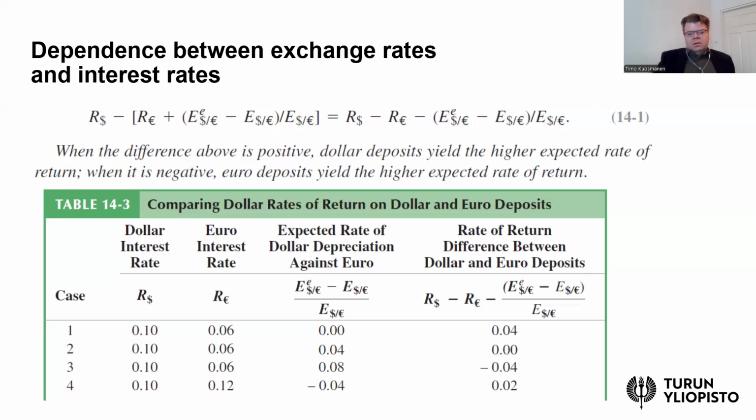In the third case, suppose that the expected depreciation of the dollar against the euro is even higher, 8%. This example indicates that even if the nominal bond rate in Germany is 6% and 10% in the USA, a rational investor might still invest in the German bond if the expected rate of dollar depreciation is high enough, in this case 8%.